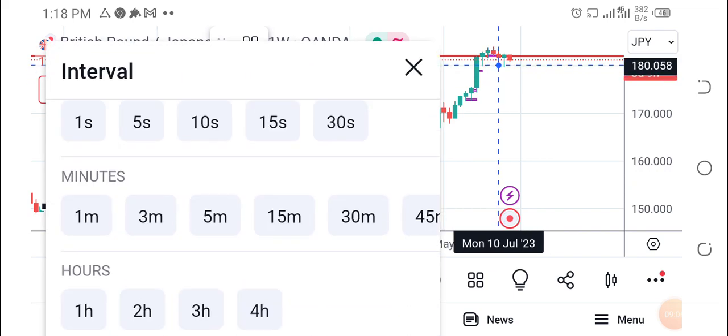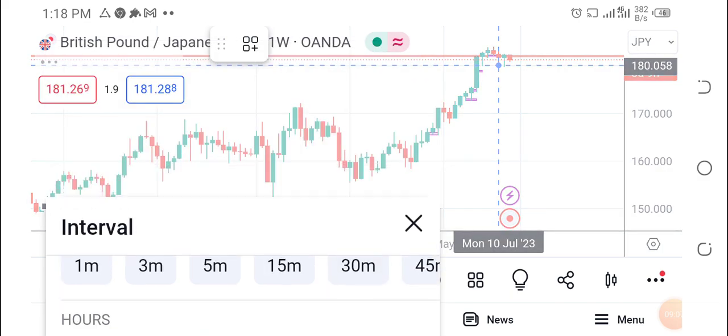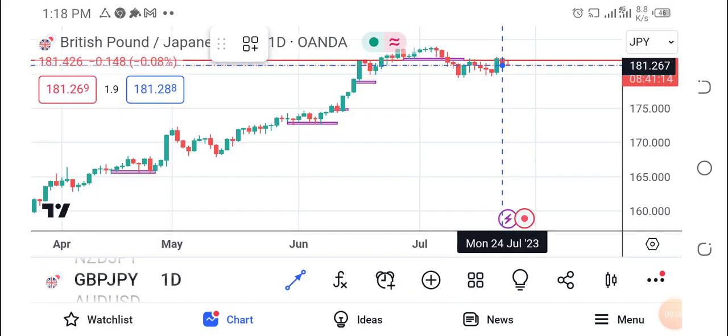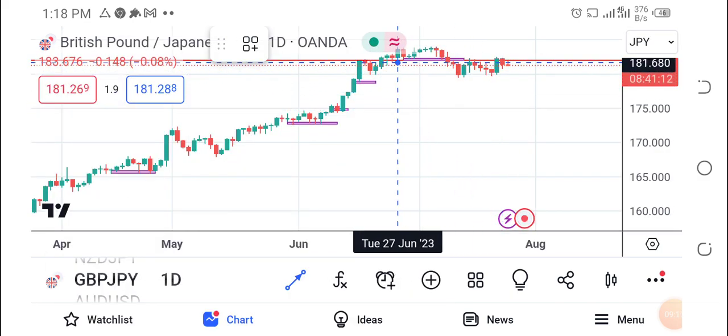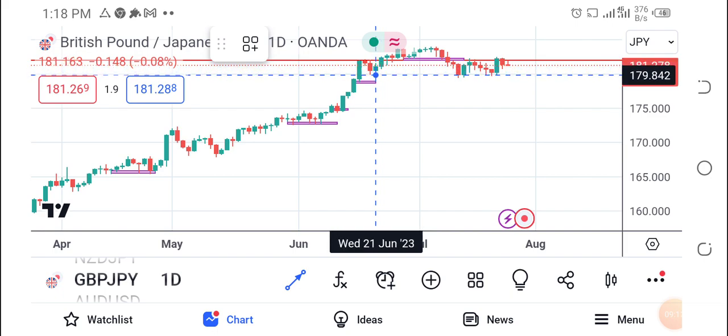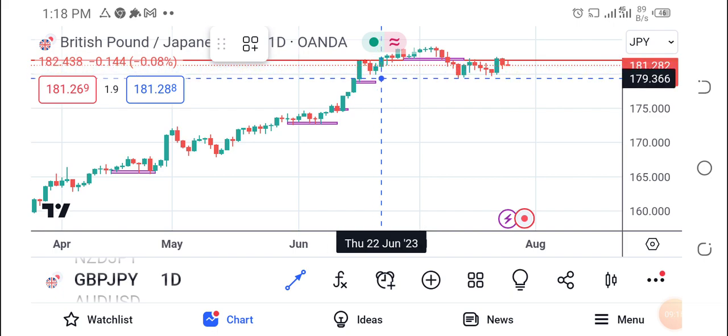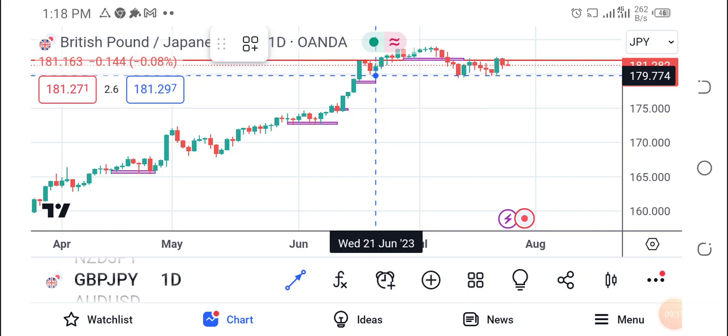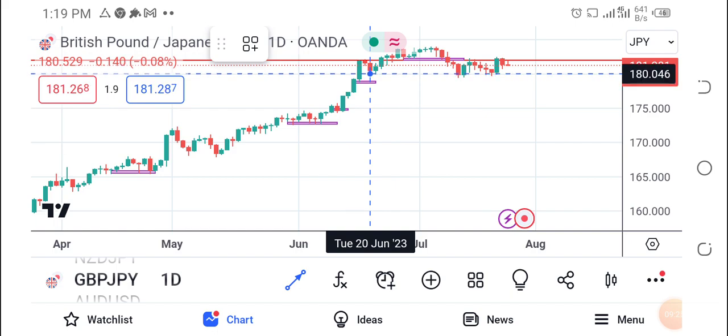You switch on to the daily time frame, you equally confirm that analysis. So on the daily time frame, price was kind of ranging around this point. Here on the daily time frame, price was actually ranging around 179.76. You see, whenever price closed at that point, it often will not break this point.